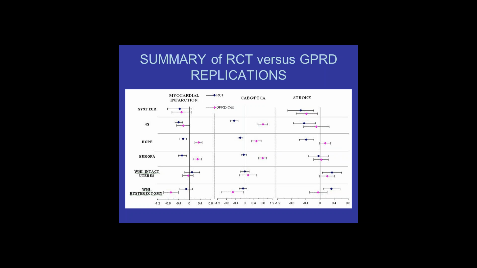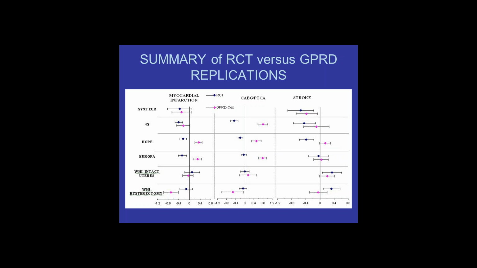If you notice, there's a central bar down each one of those. If the answer is on the left, it means the treatment that was done in that particular randomized controlled trial limited the amount, for example, of heart attack, if we look at the left side of the slide. If the bar is on the right, then it didn't limit it, and it might even have made it worse.